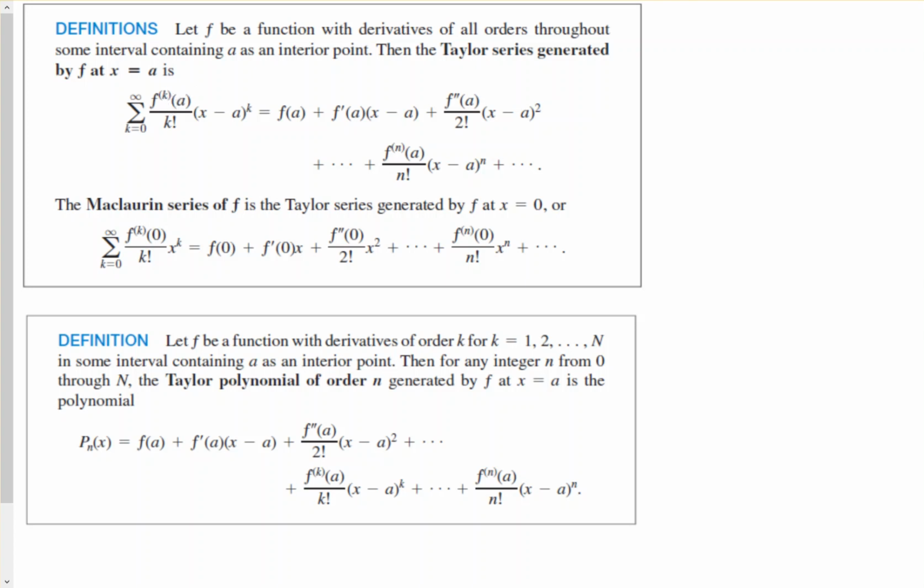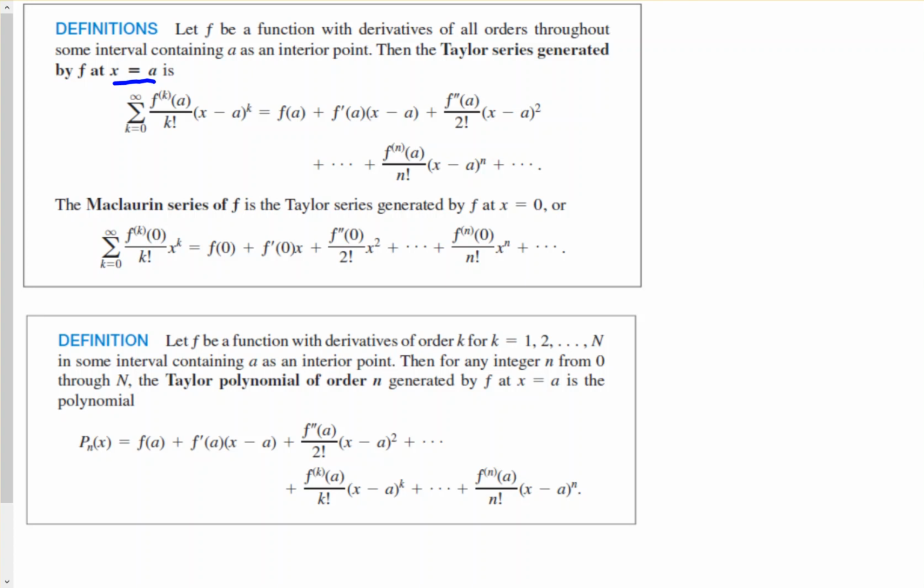The Taylor series is always centered at x equal to some value a. Then we multiply by x minus a raised to that power, and that derivative we express as divided by k factorial. And so that becomes our Taylor series.